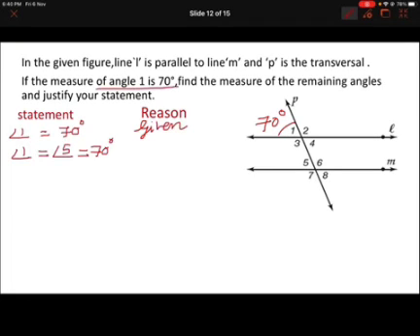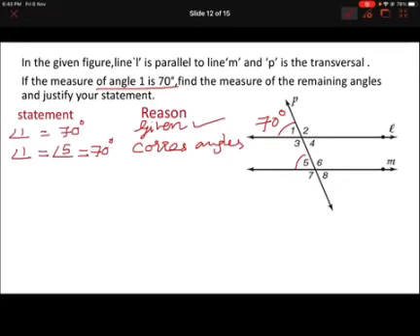It's given in the problem itself. So in the next statement I have given angle 1 and 5 both are 70 degrees. Why? Reason simple, corresponding angles.